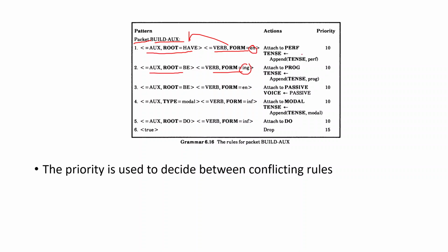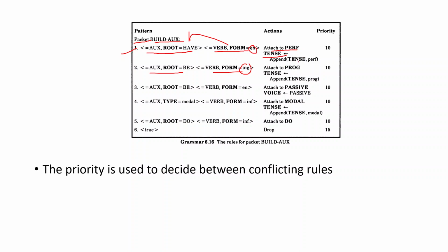So what is the action to be taken? So this is how you give the look ahead rules. So these 1, 2, 3, 4, 5 etc. are the look ahead rules associated with a particular packet. And look, this is the action: attach what, this is perfect tense. Okay, that is a feature.